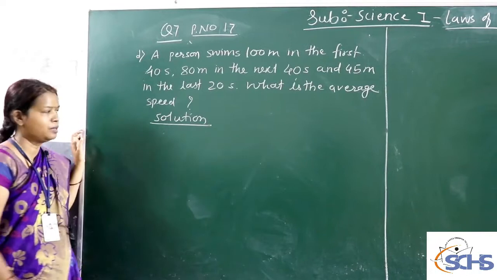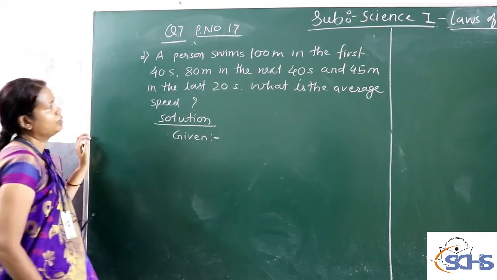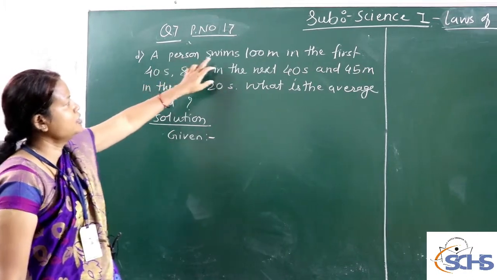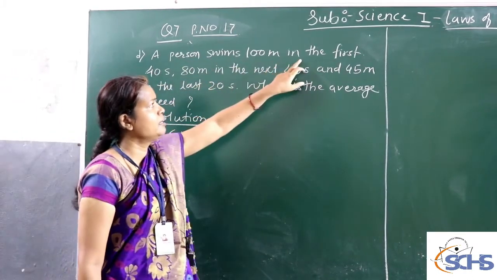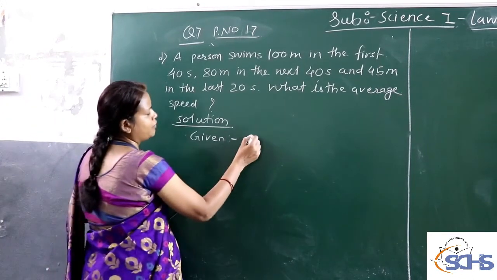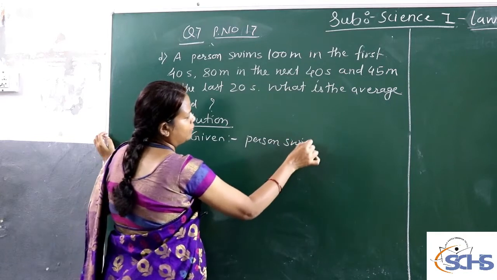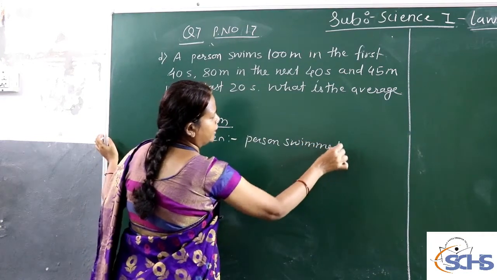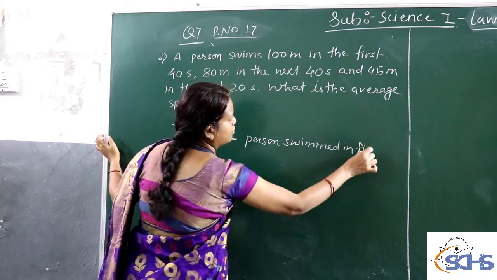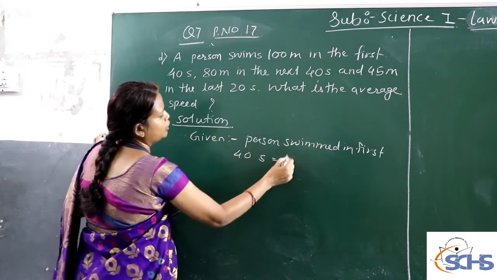A person swims 100 meter in the first 40 seconds. So person swim in first 40 seconds is equal to 100 meter.